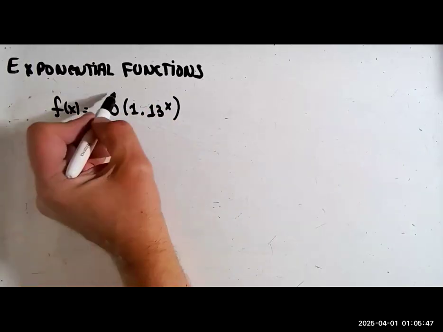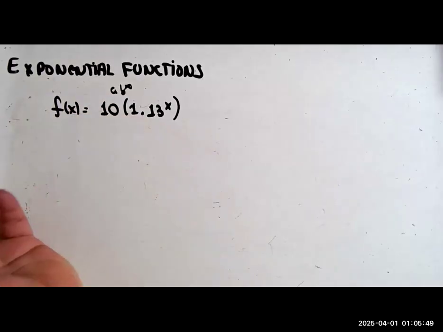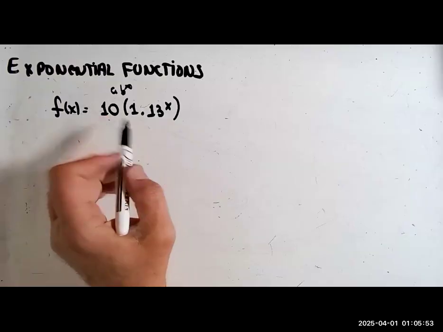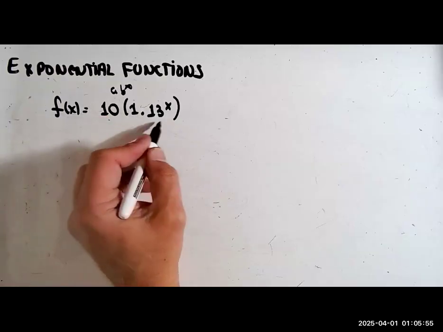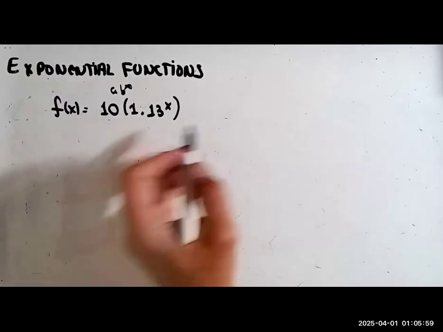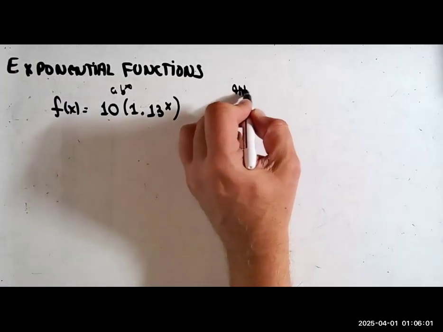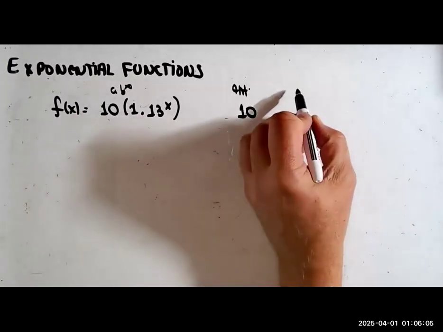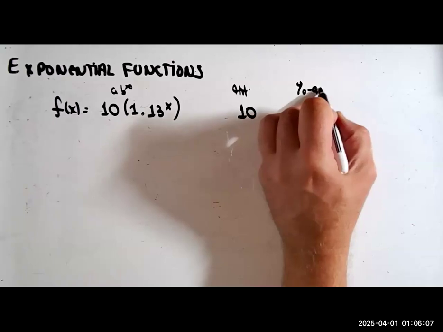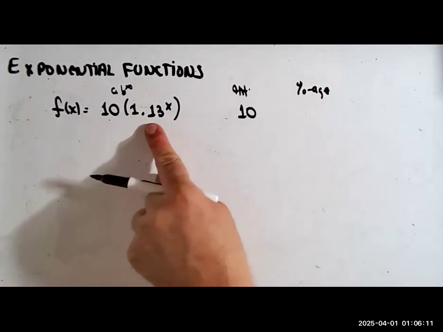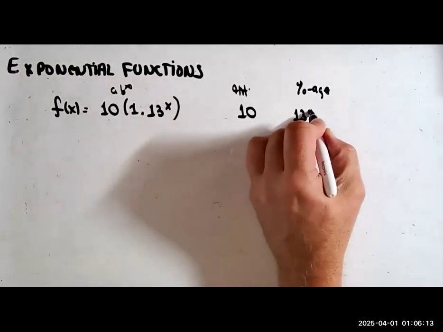Of course, it's exponential. I know it's a b to the x. A is my initial value, and the base is 1.13. Since the base is bigger than 1, of course, this is an exponential growth. So my initial value will be 10, let's say $10, and the percentage growth in this case, because it's growing, will be 13%.